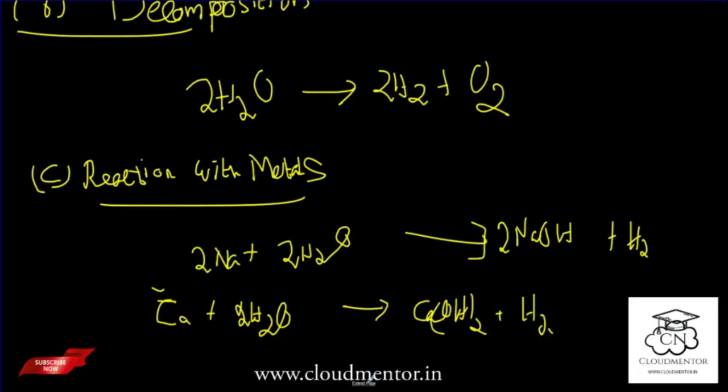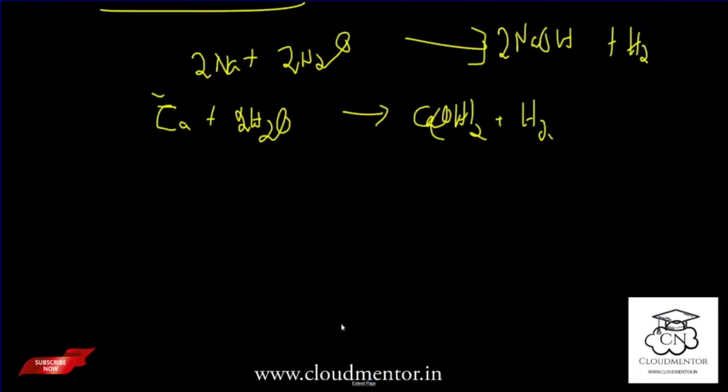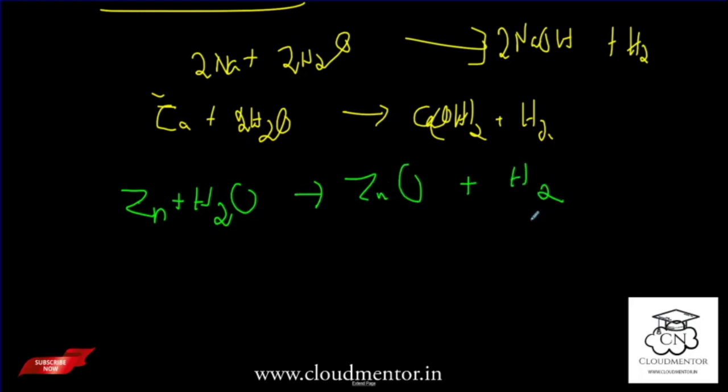It is decomposed by metals like zinc, magnesium, iron and such elements when steam is passed over hot metals, like the reaction zinc plus H2O giving zinc oxide plus hydrogen. So hydrogen is formed here. It's decomposed by the metals when steam is passed over hot metals.